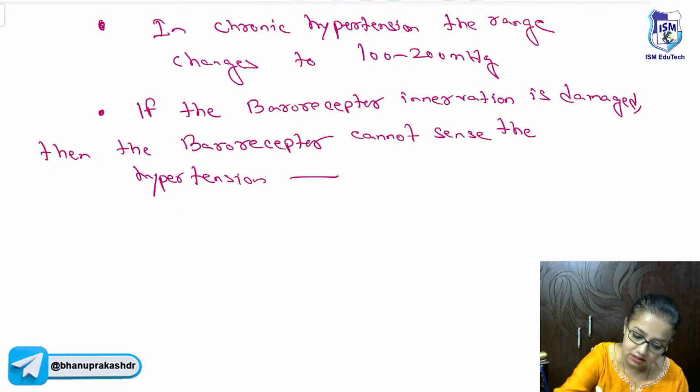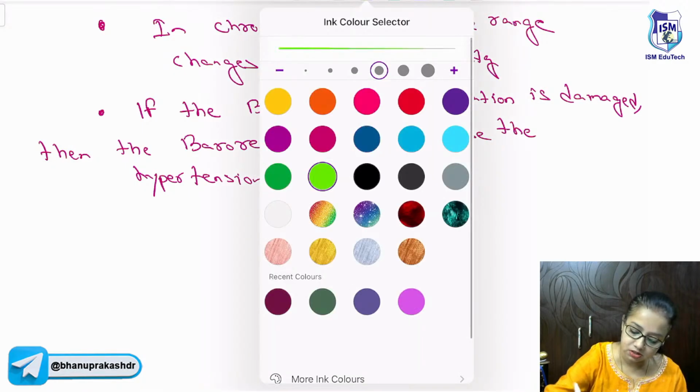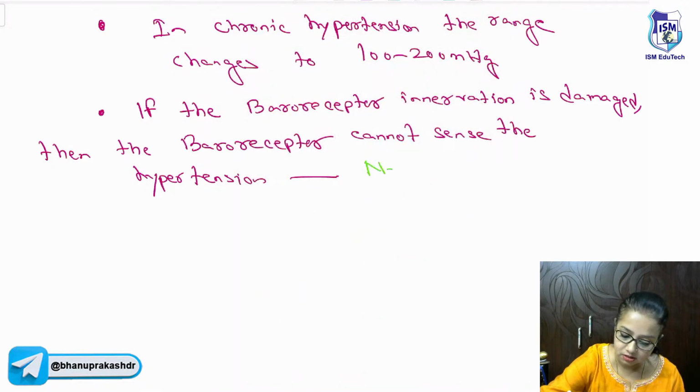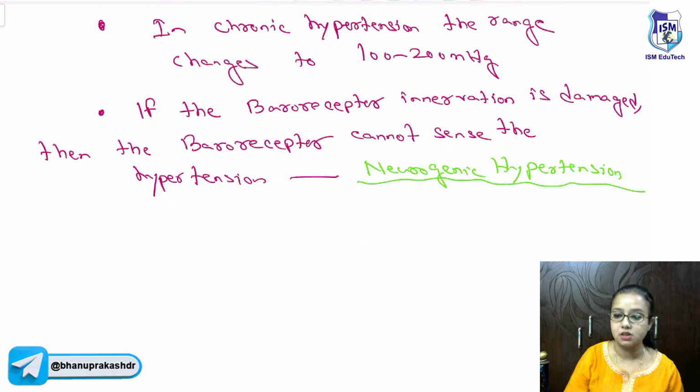Now, this is a condition which is called neurogenic hypertension. Okay, so this was our short-term and long-term regulation of the arterial blood pressure.